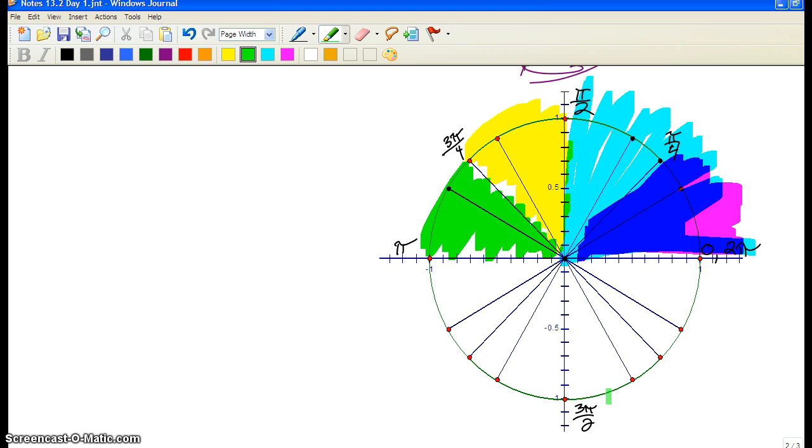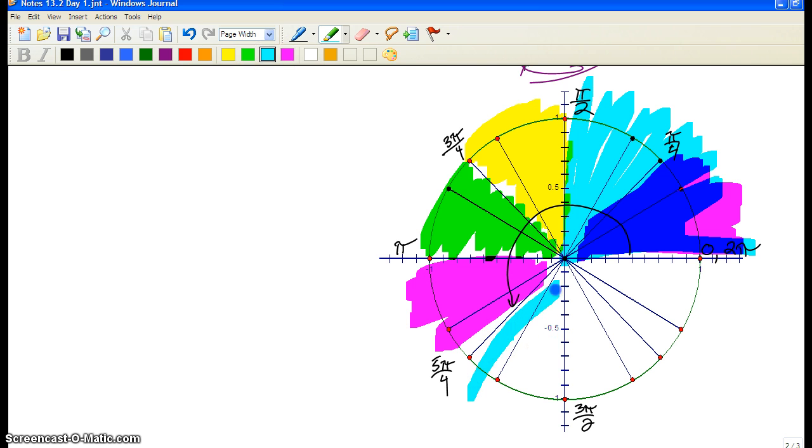We okay? Let's keep going with the fourths. Okay? 1/4, 2/4, 3/4, 4/4. 5/4 to there. So this opening to that is going to be 5/4 pi, or 5 pi over 4. We're going to do it again. That to there is going to be 6/4, or 3 pi over 2.